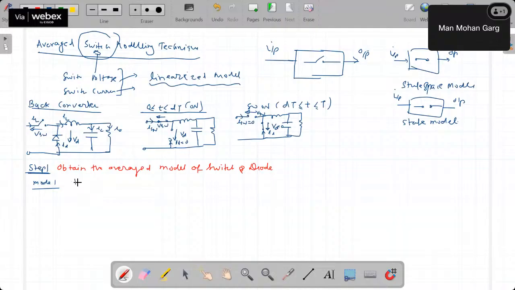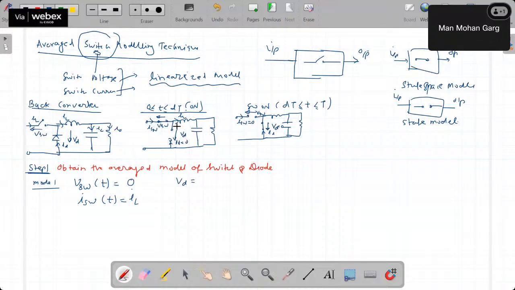In mode 1, VSW of t, the switch voltage, is 0. What about the switch current? The switch current is going like this, and it is the same as the inductor current. So this is the switch voltage and switch current. What about the diode voltage in mode 1?